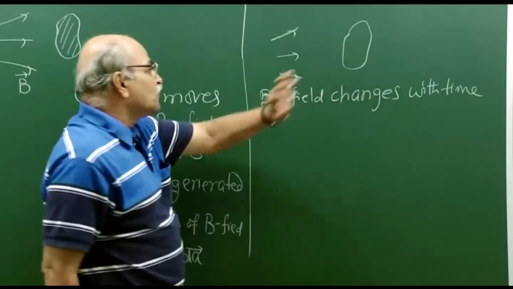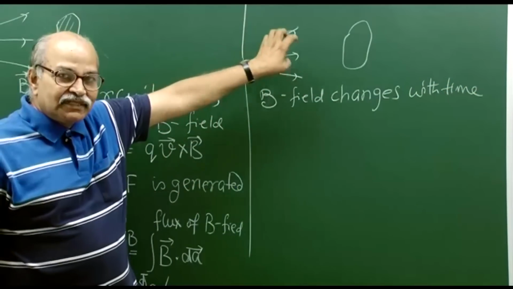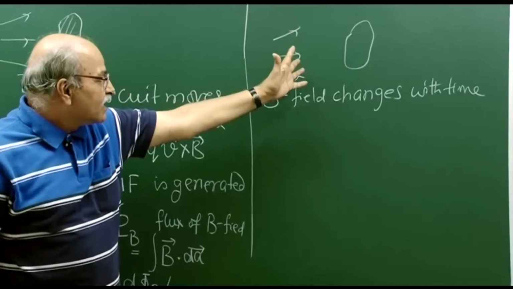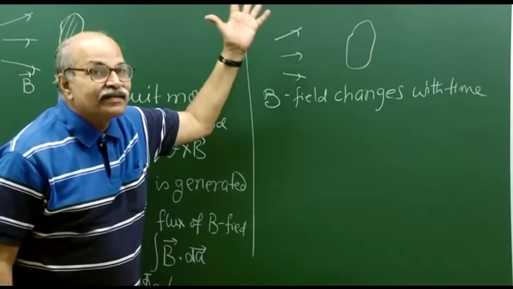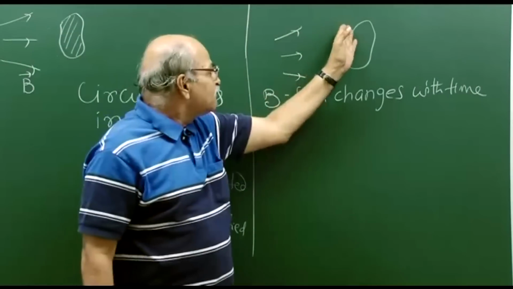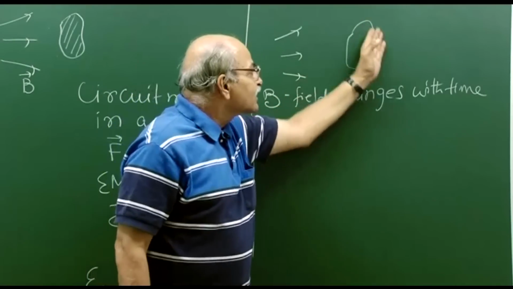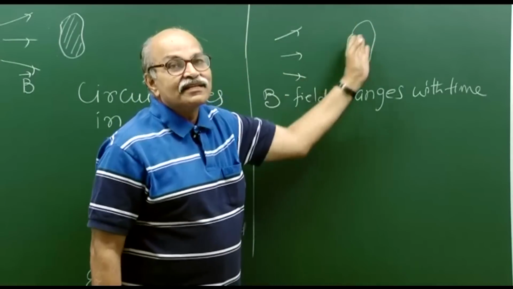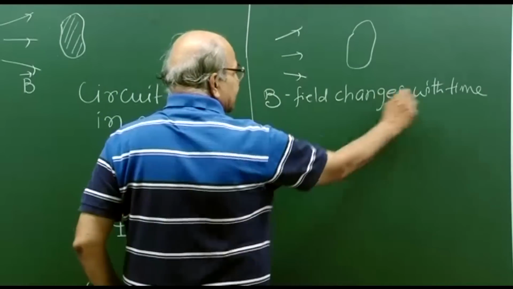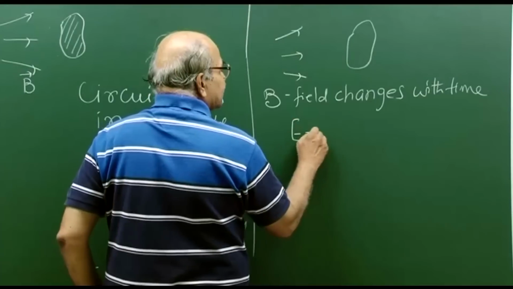The circuit is not moving, but the B field is changing with time. If that happens, an electric field is created, and that electric field drives the current. So, when B field changes with time, then E field is created.